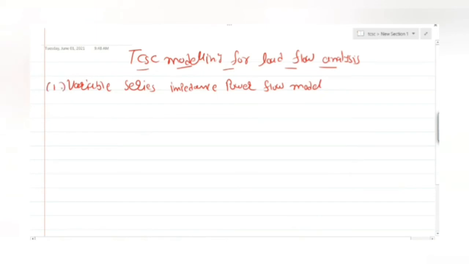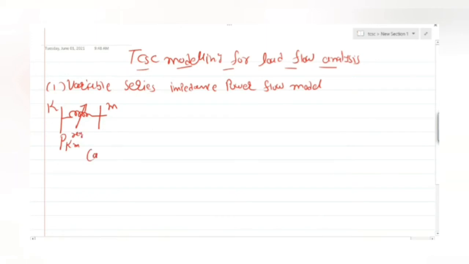Suppose there are two buses. If the inductive region is there, and only XL is provided, then your modeling is done using this figure. This is your K bus and this is your M bus. Suppose there is a variable TCSC inductance, then we can calculate the PKM.